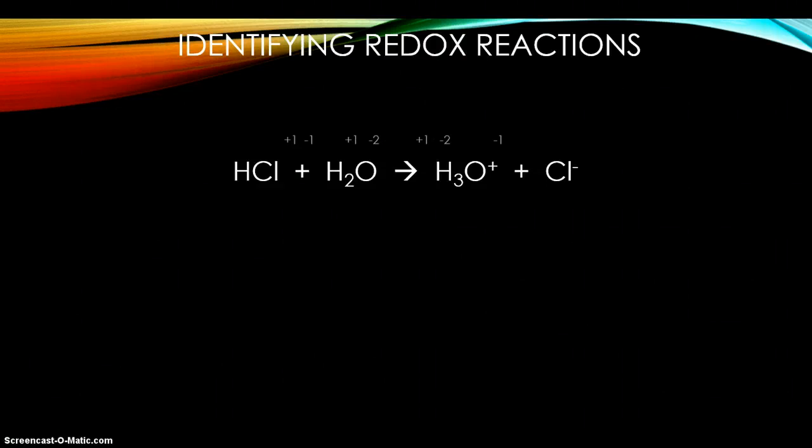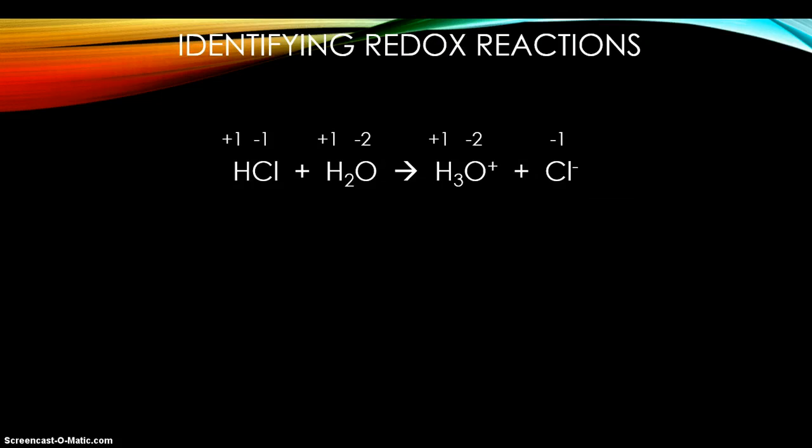So I'll put the numbers up here, and I put the numbers above each element there. If you look at hydrogen on the reactant side, both the hydrogens are +1. We know that because hydrogen is almost always +1. It's always +1 when it's bonded to a nonmetal, which both of them are, so that's easy enough.